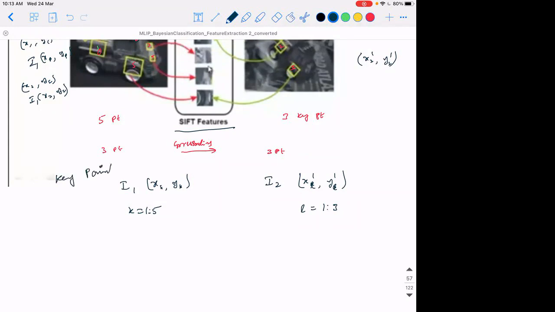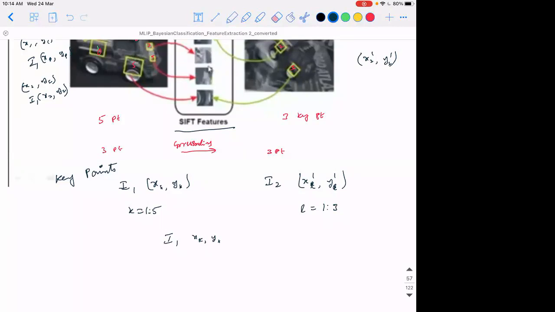Sir, if there was no scale variation or rotation, then we could have used correlation. Right, very good. If there are not many transformations between the two, we can use correlation. But I can't consider just the pixel. I want to consider a neighborhood.